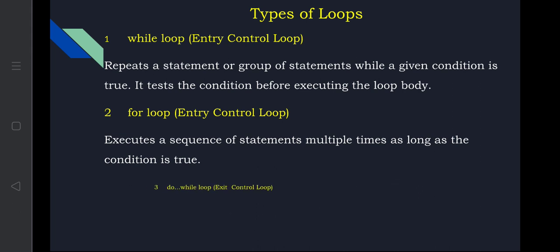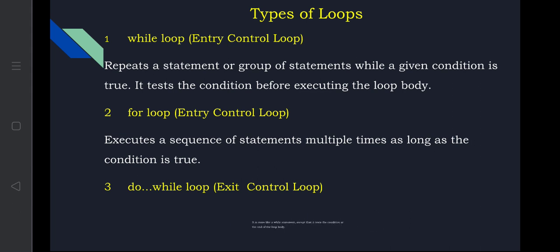Okay. And then the third is the do while loop. It is called the exit control loop. Why? Because in the do statement syntax, first we write do and start the open brace. First of all the statement is executed once, then only the condition is checked. If the condition is true, again and again the statement will be executed, and when it becomes false, it will come out of the loop.